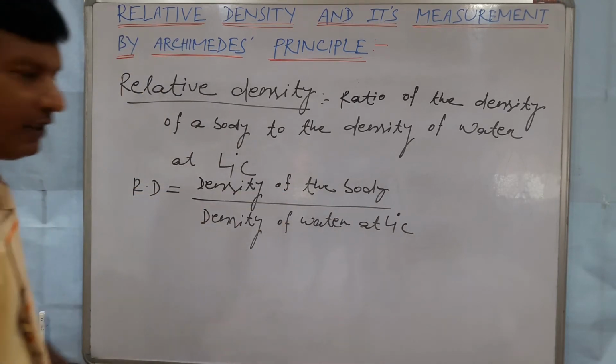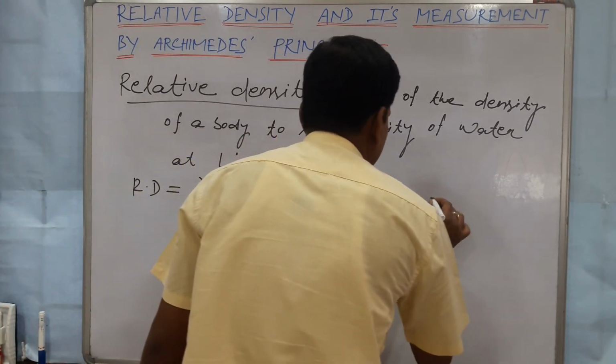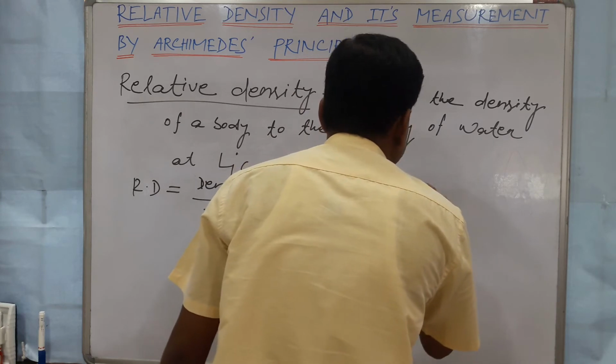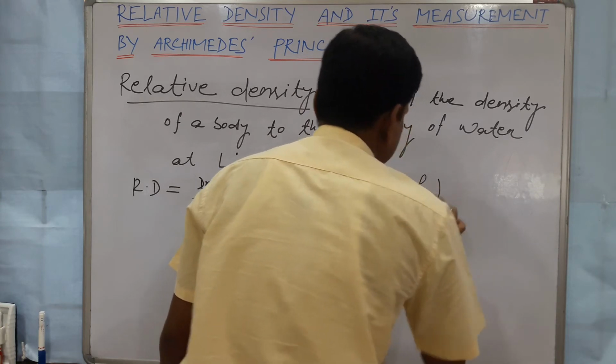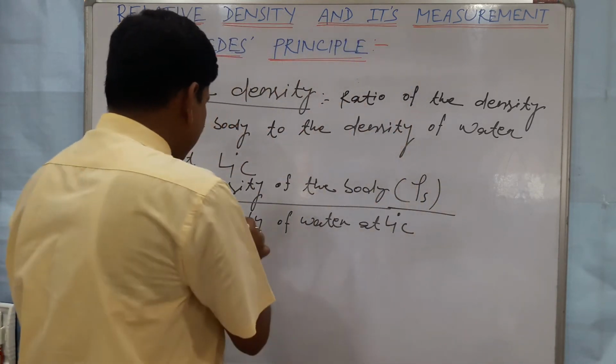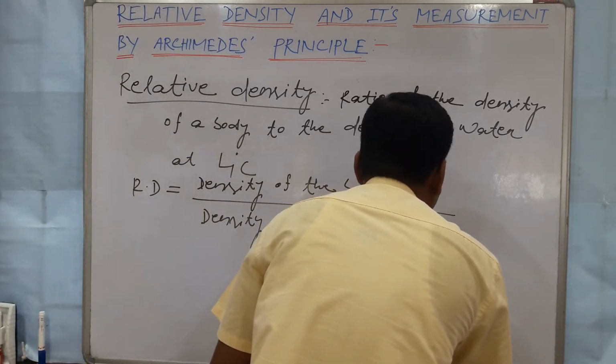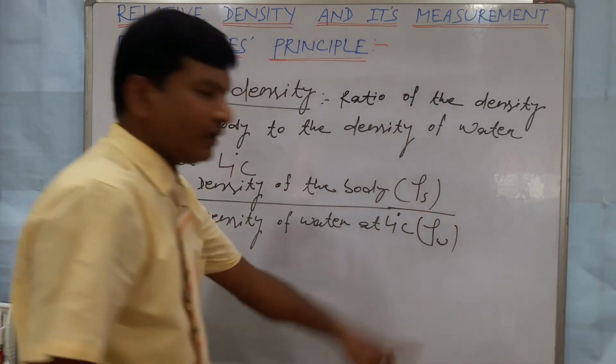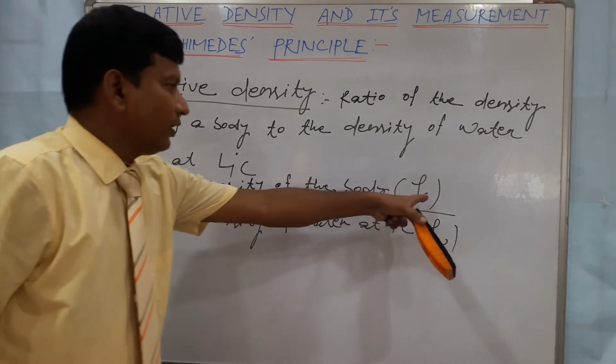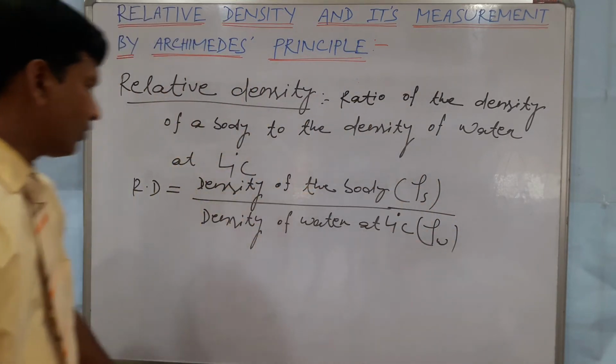Now the density of the body we will take as rho S, where S stands for solid, and the density of water at 4 degrees Celsius we consider as rho W, where W stands for water. So this will be rho S divided by rho W.